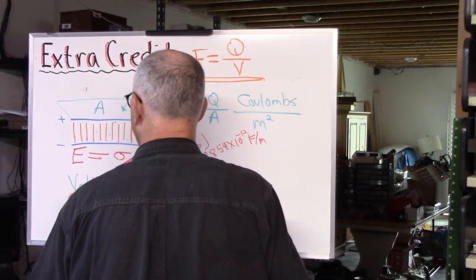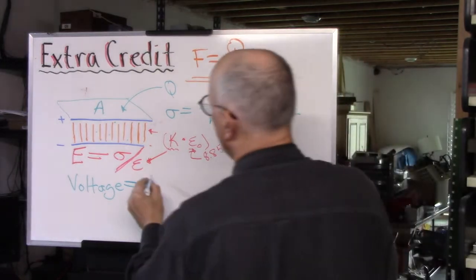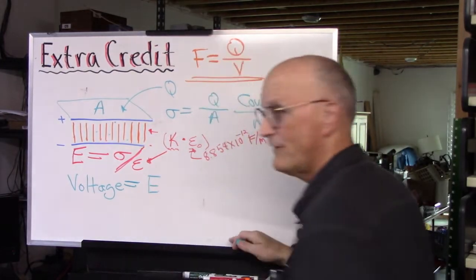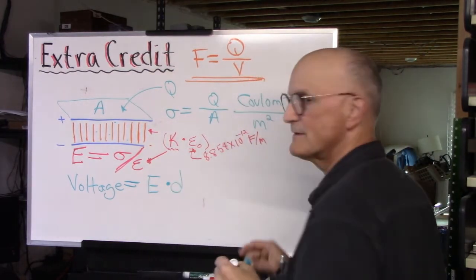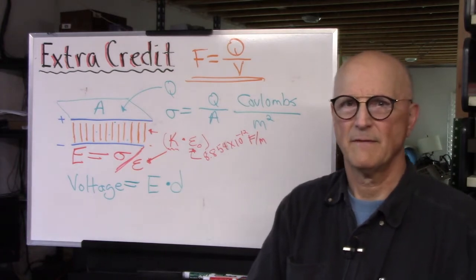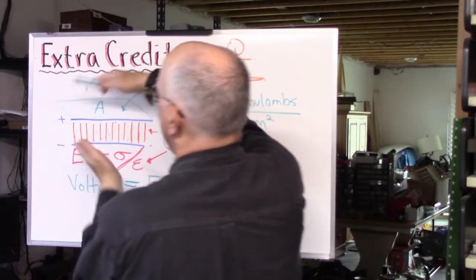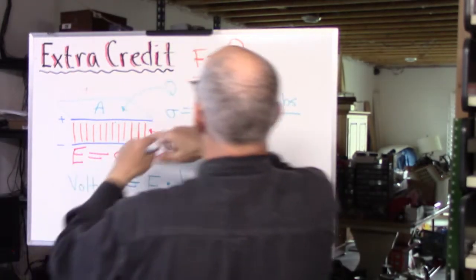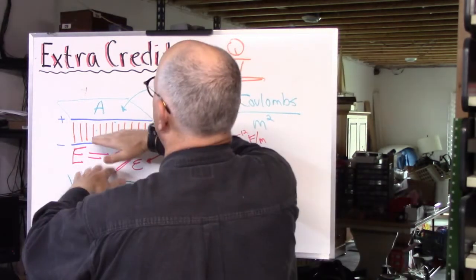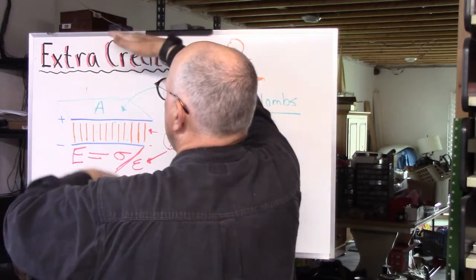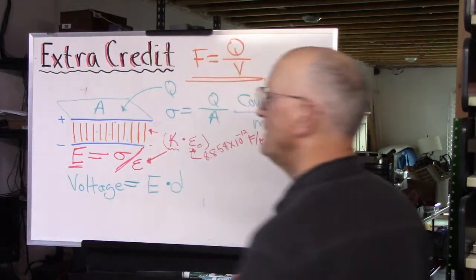And here's another equation you're just going to have to accept. Voltage is equal to the electric field intensity times the distance. So, if these two plates are charged with a given charge density, changing the distance between the plates does not change the field intensity between the plates.